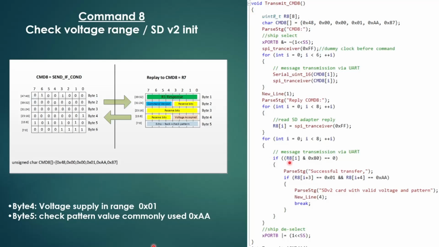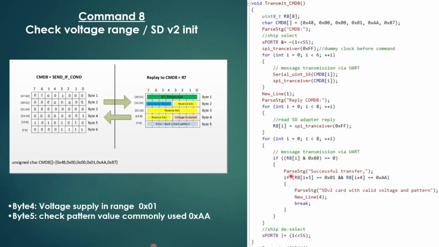The first thing we do is test for the 08, which makes sure that the parameter was accepted and successfully processed by the SDHC. R sub i contains all the parameters that we got as a reply from the SDHC.